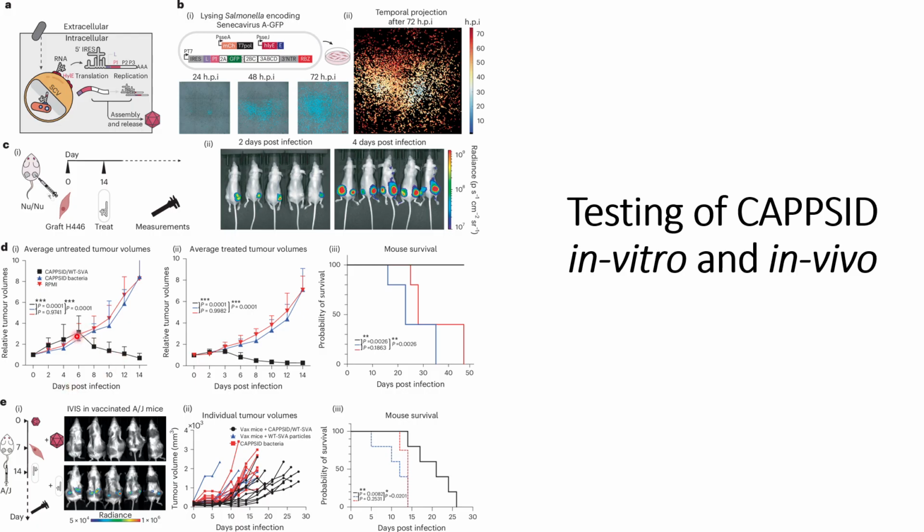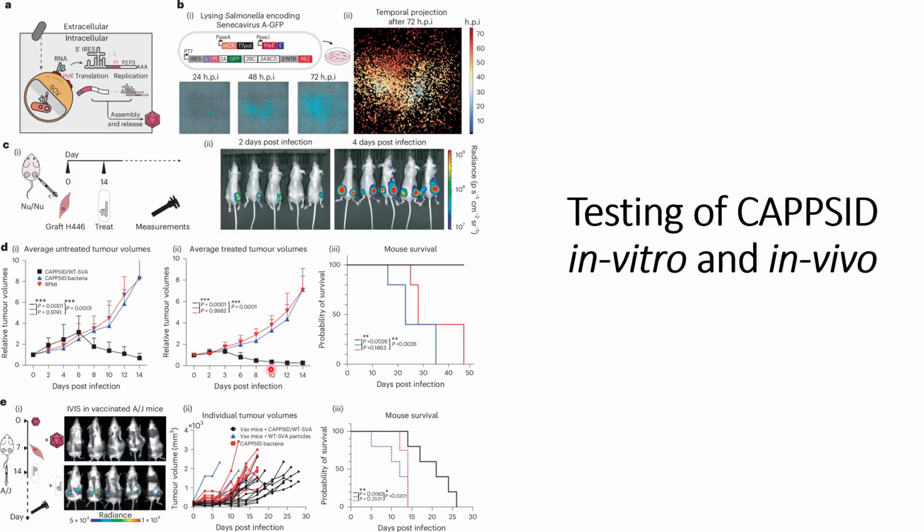We can see that the mice infected with their capsid system along with this viral RNA show a decrease in the tumor volume, whereas the control mice with RPMI or with only the capsid bacteria show a continuous increase in the volume. The same thing they have seen in panel D2, where they can see that the volume goes down.